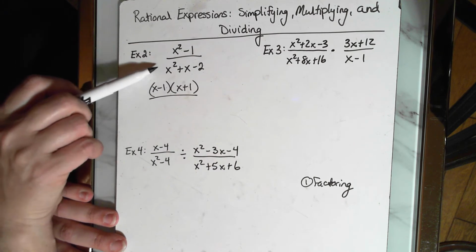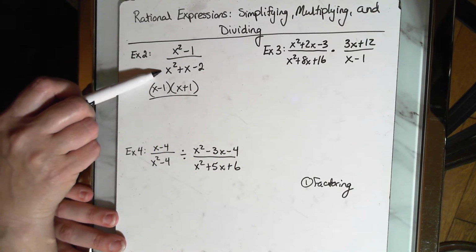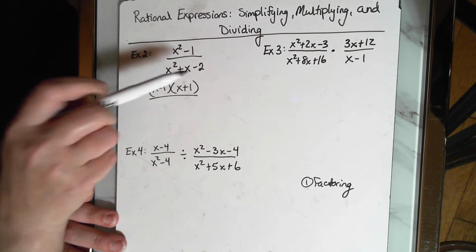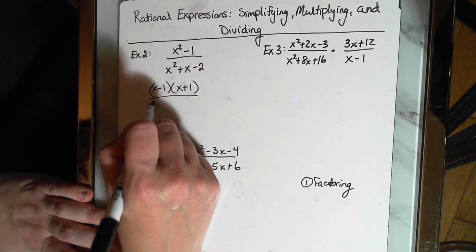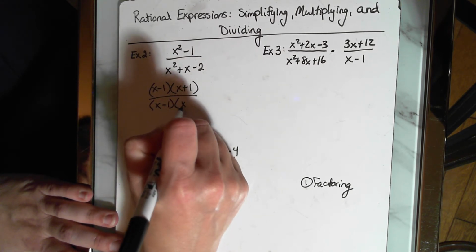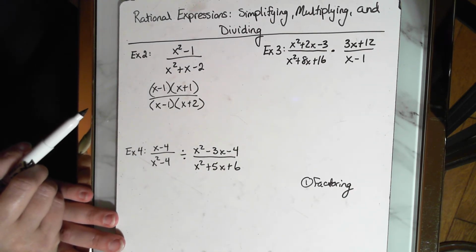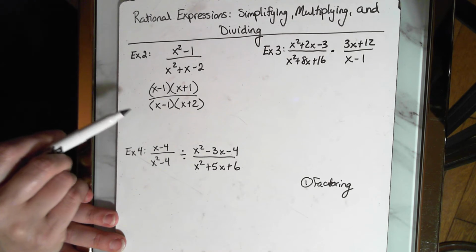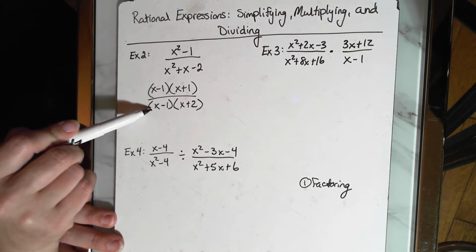Now, for the other expression, this is a trinomial, and there is no number in front of my x squared. So I need something that multiplies to negative 2 and adds to positive 1. And that's x minus 1 and x plus 2. Now, the last thing I need to do in just a simplifying one is reduce anything that repeats.